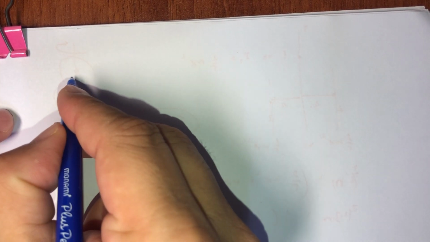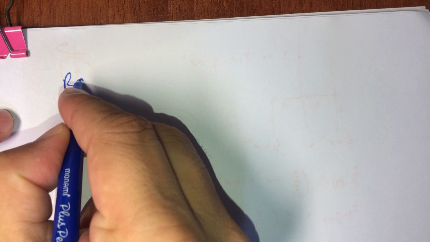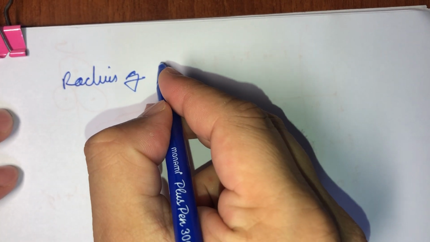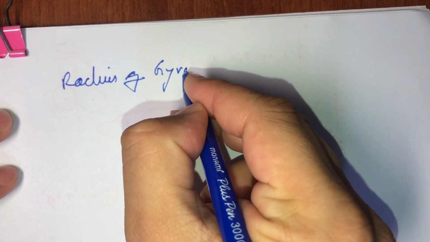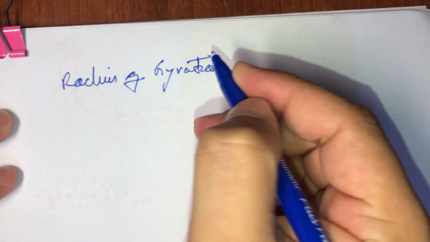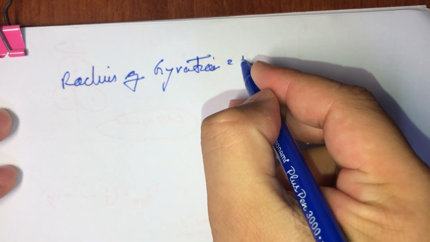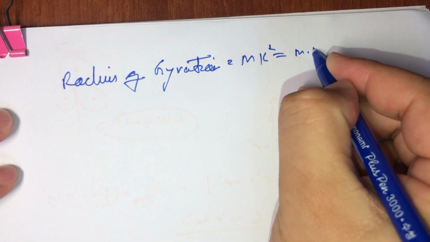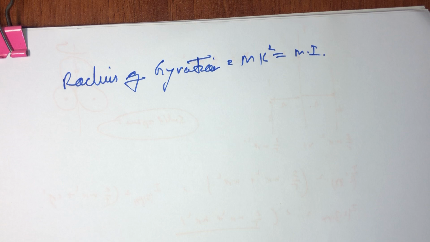So we know that radius of gyration is given as Mk square, which is equal to the moment of inertia I, where M is the mass and k is the radius of gyration.